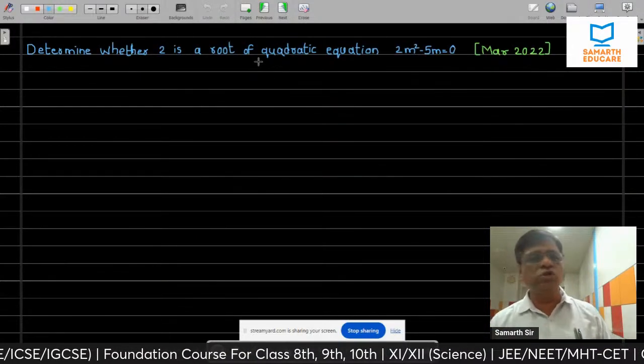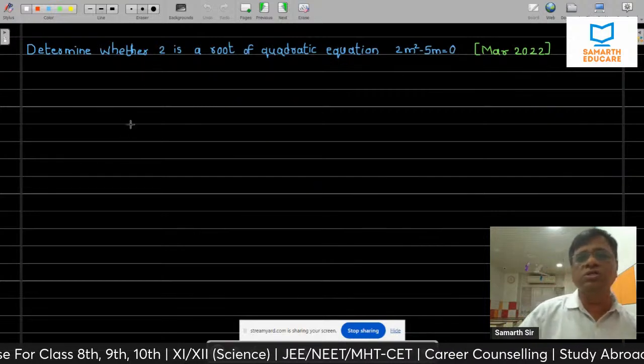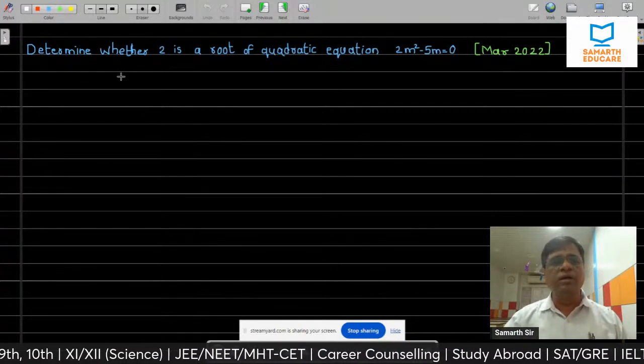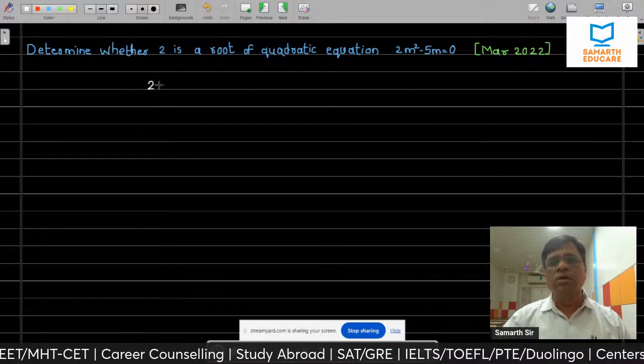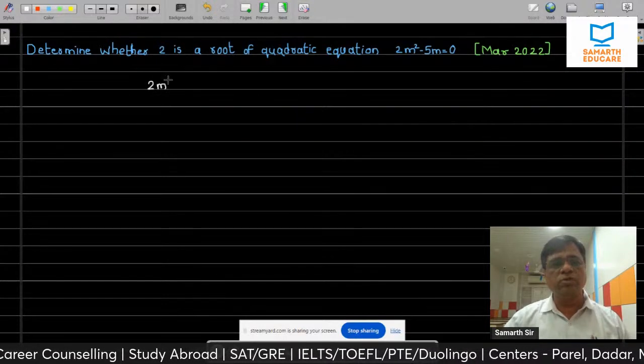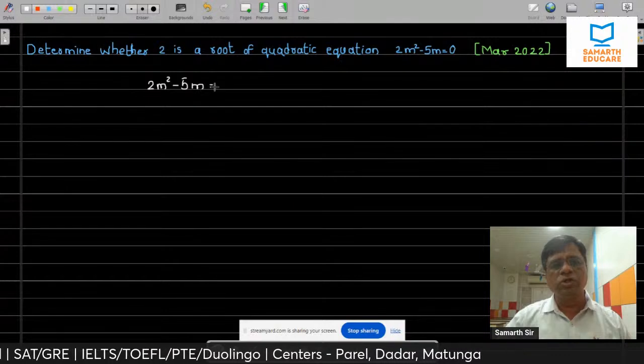Okay, so let us understand बोर्ड्स में इसको क्या क्या पूछे थे। So the first question, determine whether 2 is the root of the equation 2m square minus 5m is equal to 0. This was a question in March 2022. So 2m square minus 5m is equal to 0.